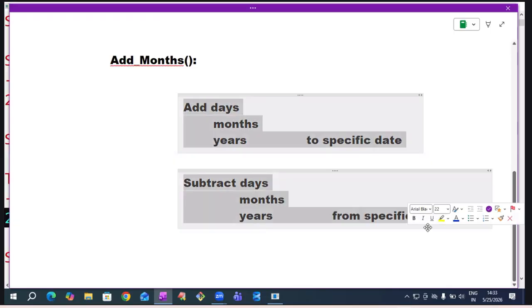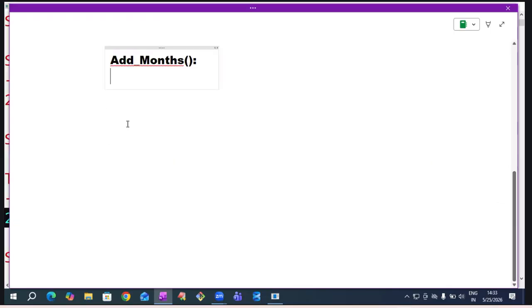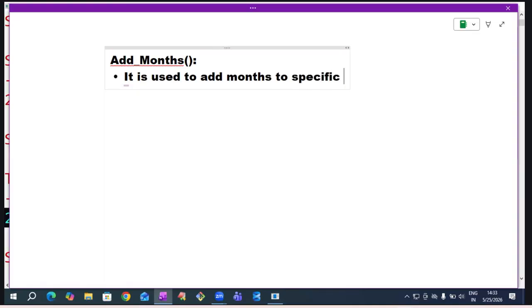So the add months function is used to add months to a specific date or subtract months from a specific date.